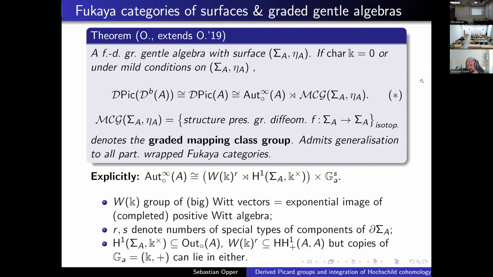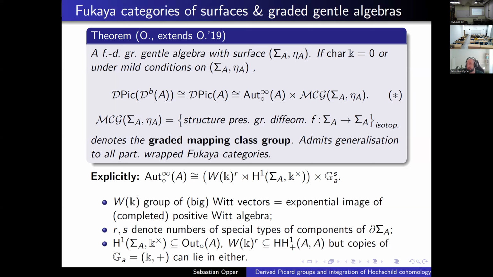What I was going to say is I'm crazy about the mapping class group appearing there, where symmetries of the surfaces show up.